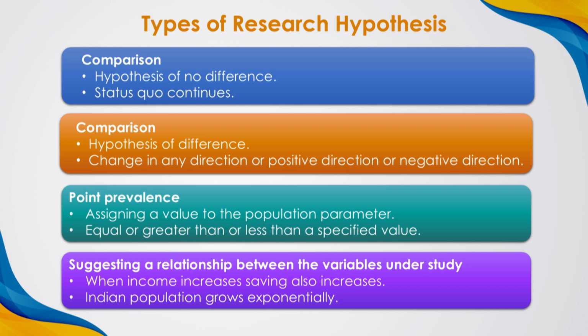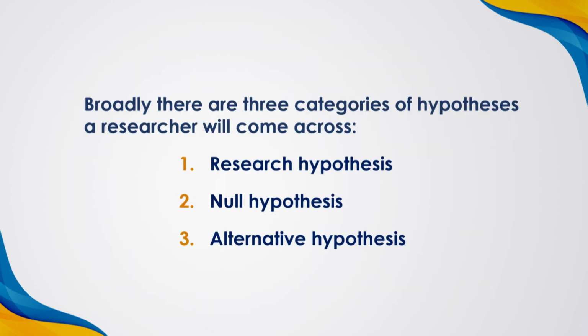For example, we take two variables, income and savings. Now, the research hypothesis is when income increases, saving also increases. Another hypothesis example is Indian population grows exponentially. Now, the population of India grows, and the question is whether it grows exponentially.